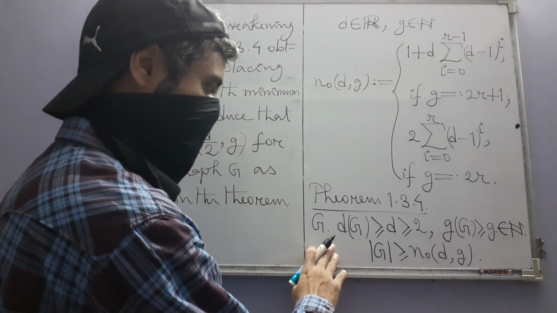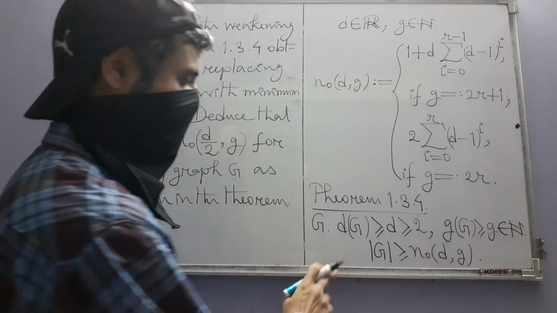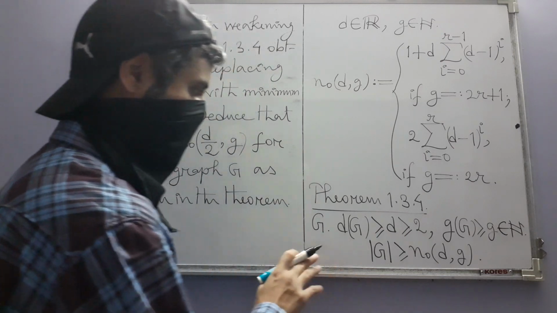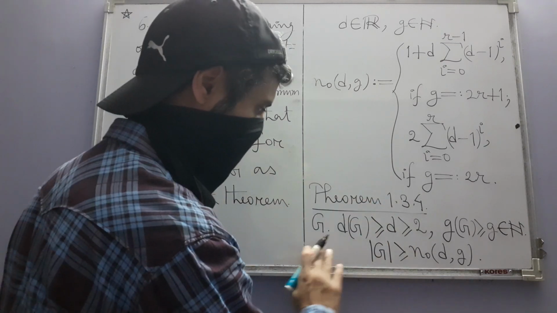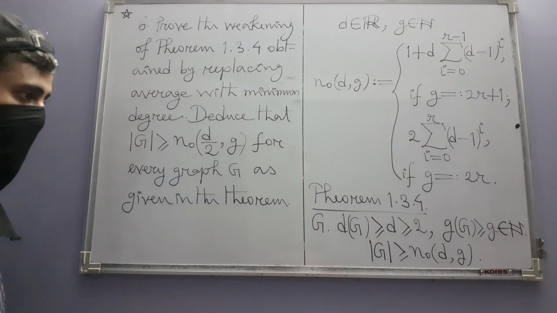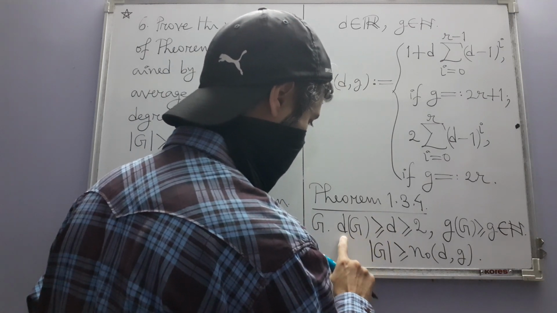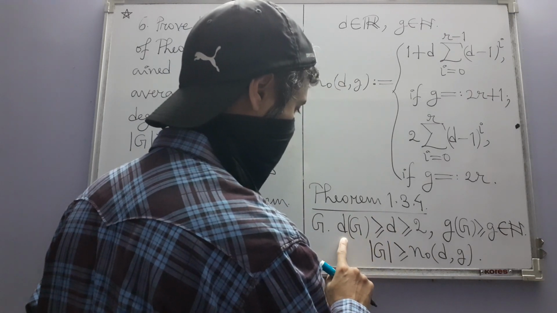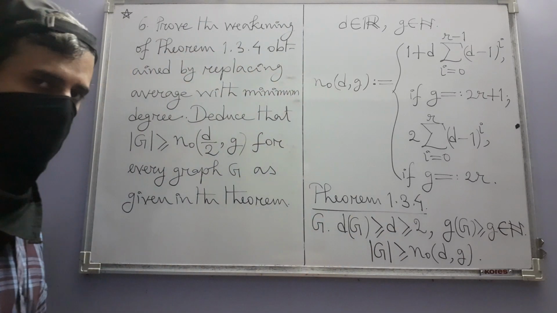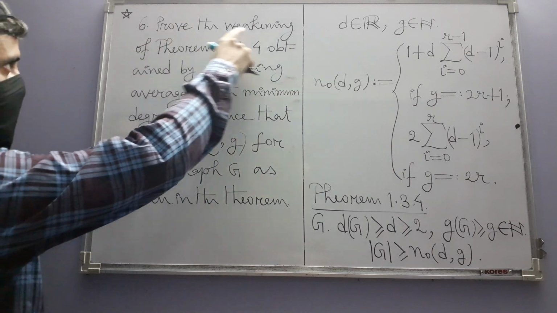And the text does not have a proof of this. Likely it's an involved proof, but the author did mention after stating this theorem that a similar result is true if we can replace this average degree by minimum degree, and that we have been asked to prove here. See, prove the weakening.